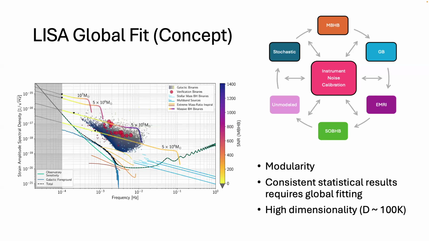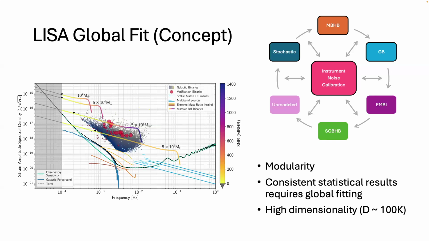On the top right there, you see what we refer to as the global fit wheel. You see the various sources that we will talk about today. The ones outlined in black are included in the current global fits that I'll touch on in a second.